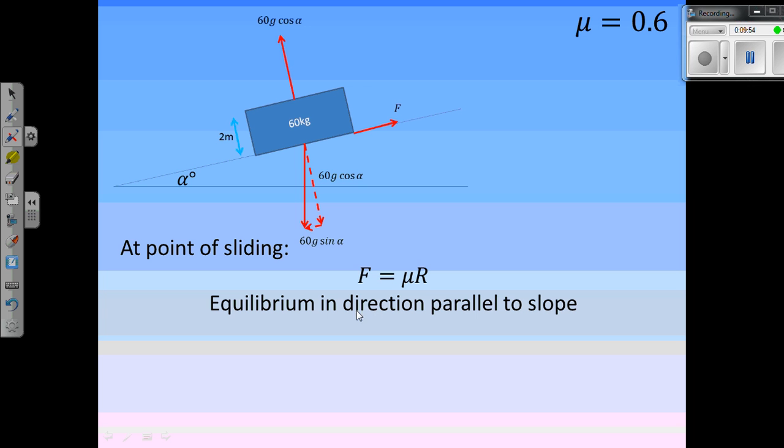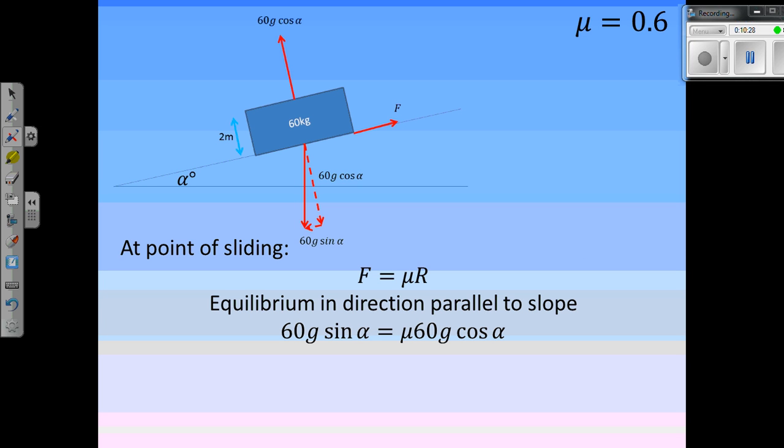So if we look at equilibrium in the direction parallel to the slope, we get that F, which is mu times 60g cos alpha, is going to be equal to 60g sine alpha. So we're going to get equilibrium. So 60g sine alpha is equal to the frictional force, which is mu times 60g cos alpha, because F is mu times R. Okay, I'll give you a second to digest that equation.